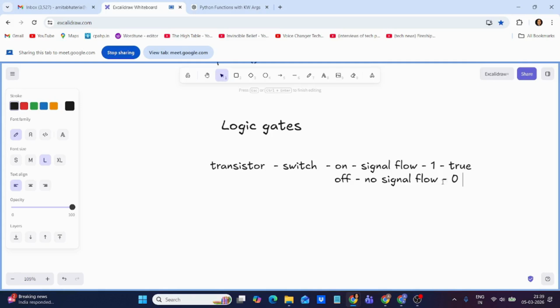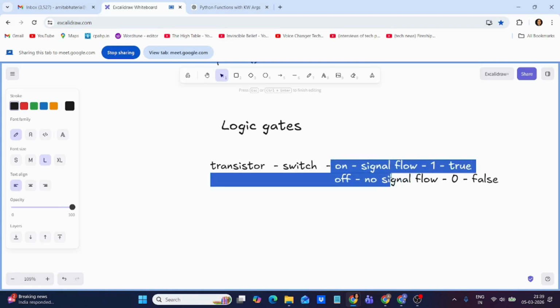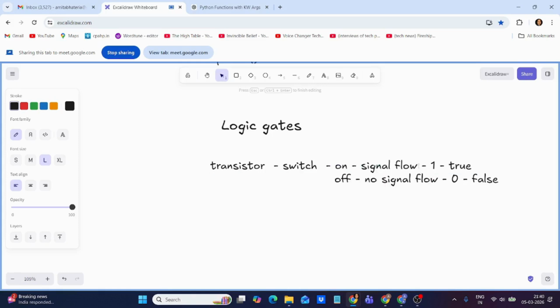Zero, and also as false, right? That is why a switch works on this principle: if the switch is on there will be signal flow, and if the switch is off there will be no signal flow. A transistor also works in the same form. If there is signal flow we will call that true or one, and if there is no signal flow we will call it either zero or false, right?